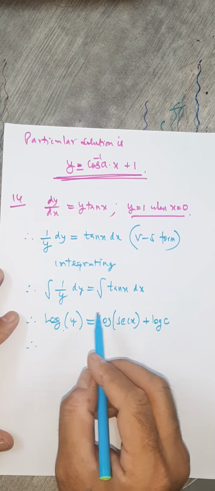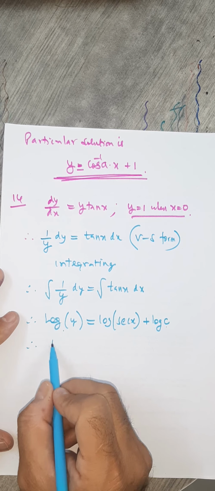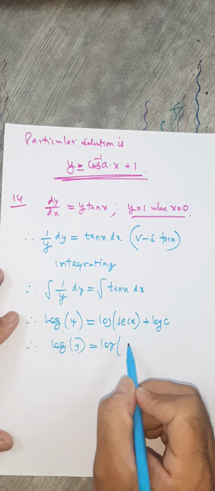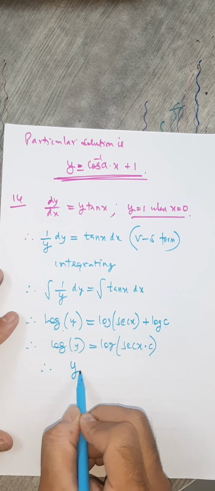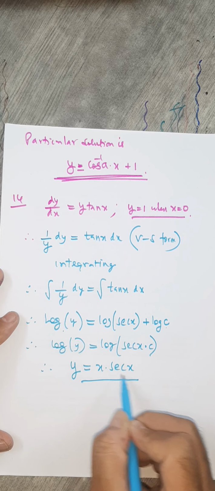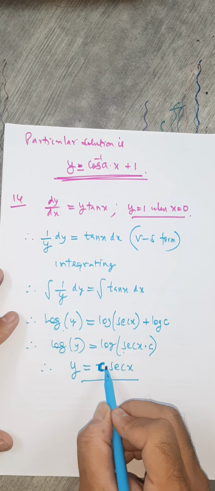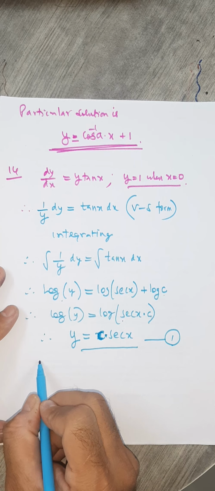You know this. If everywhere you have log function, just instead of c you write the log c. So here log y equals to, take log common, so addition becomes into here. Log you can eliminate, so you have c into sec x. C into sec x. This is a general solution where c is the arbitrary constant.